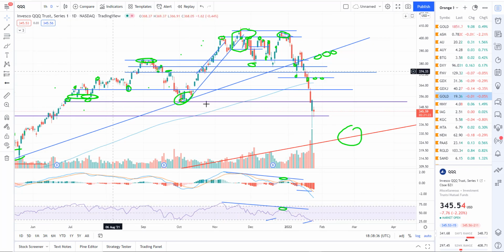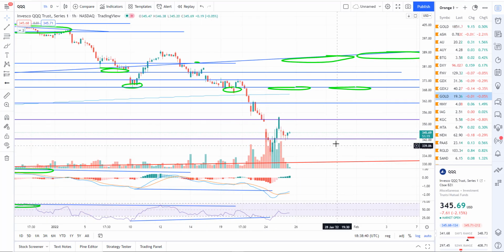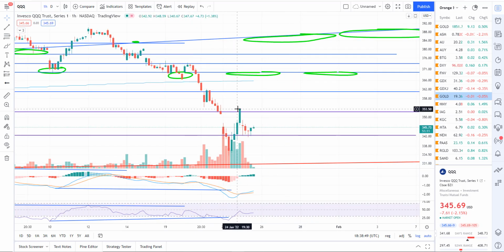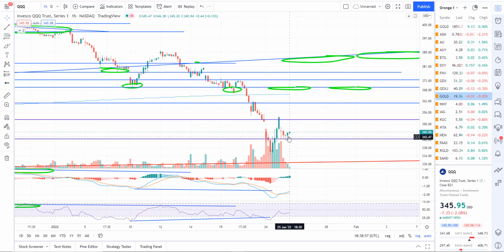Now, in the short term, I have a slight bias towards a continuation of the rally that we saw yesterday. Looking at the hourly chart on QQQ, you can see that we basically broke down, reversed, and today we gapped down right to that support level, which is about 342.40. We're bouncing off of that and rallying up to probably the gap fill, 352.59.